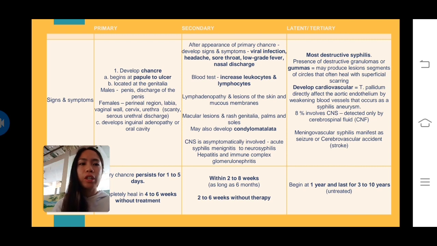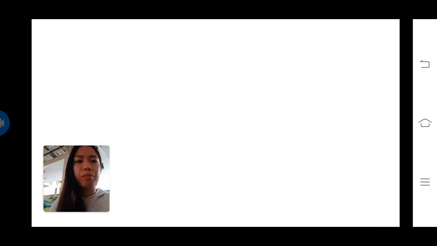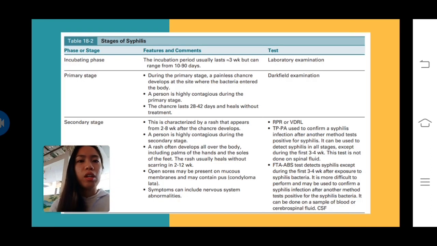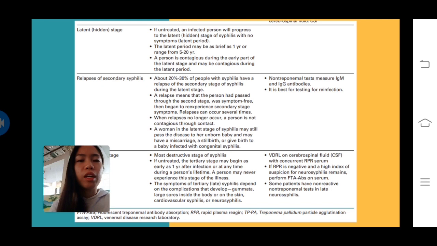So in here, it will manifest as a seizure or a stroke. The tertiary stage begins at 1 year and lasts for 3 to 10 years if untreated. In your book, you can see there the stages of syphilis.